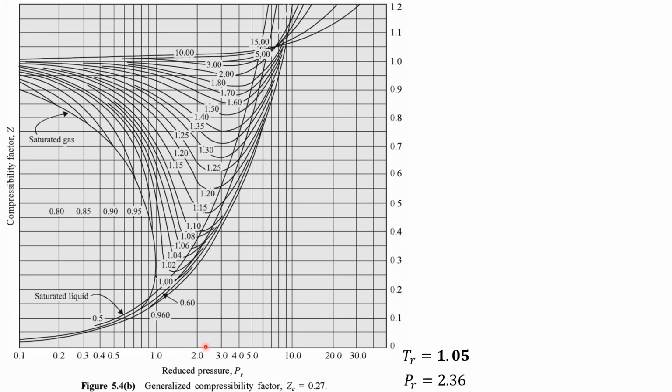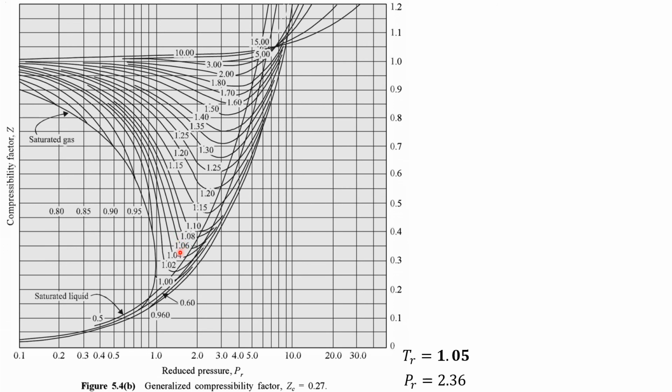So somewhere here we will get PR equal to 2.36. Then we need to identify the TR line, that is 1.05. So this TR corresponds to 1.05, just about this curve.